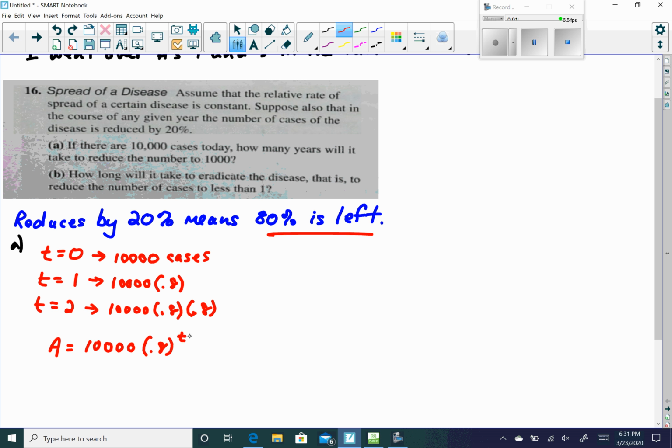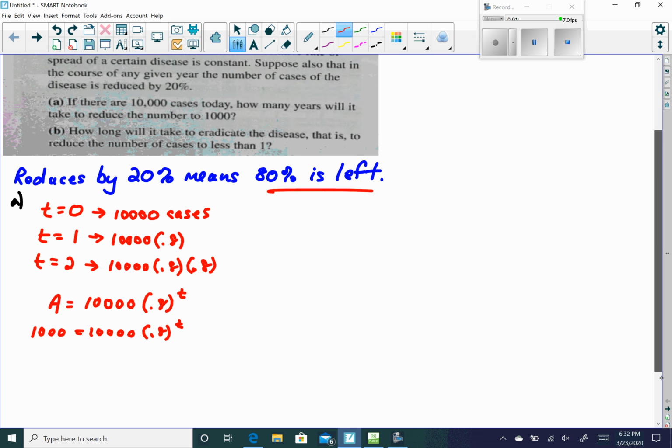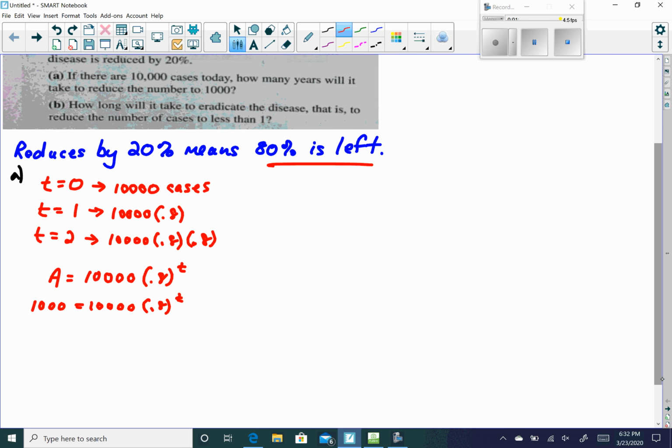Looking at this a little differently now, we want to know when it will be reduced to 1,000. So we're going to say 1,000 equals 10,000 times 0.8 to the t. Dividing 1,000 by 10,000, we get 0.1 equals 0.8 to the t.